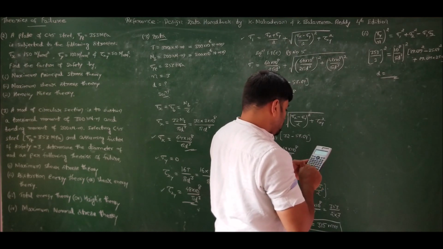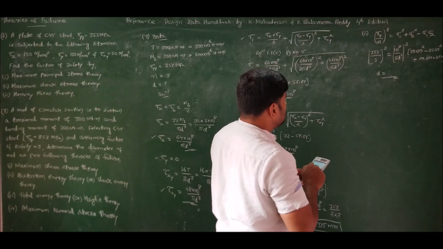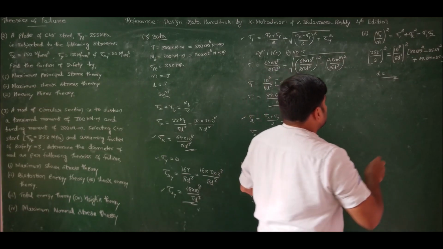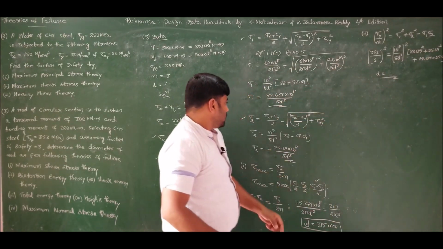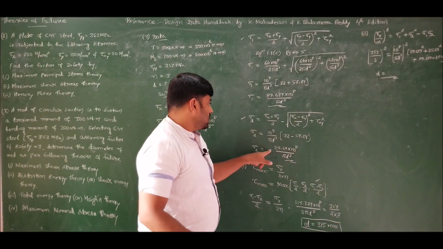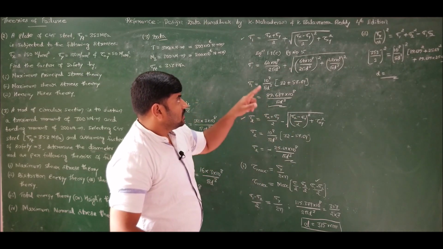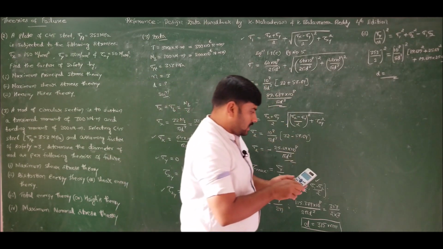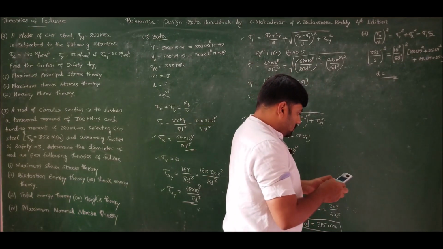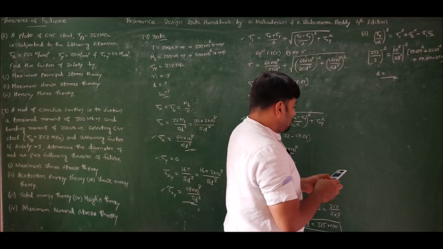So I get 89.689 square minus 25.69 square. Plus the whole square, here it will become plus sigma 2 whole square. So when I whole square it, minus of minus will become plus. Then sigma 1 into sigma 2, minus of minus will become plus, correct? So I should use plus here.